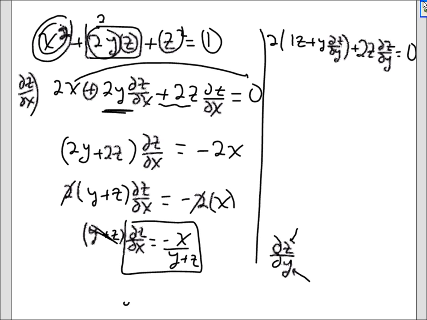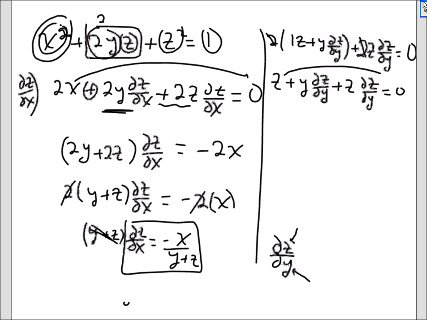And the derivative of 1 is 0. First thing I would do is divide all 3 terms by 2. 0 divided by 2 is 0. So now I have 1z plus y partial z partial y plus z partial z partial y.